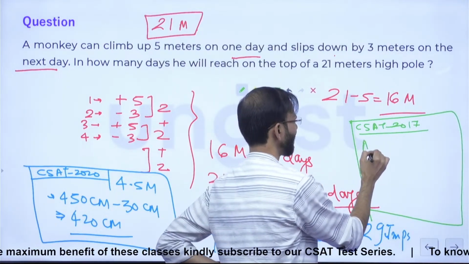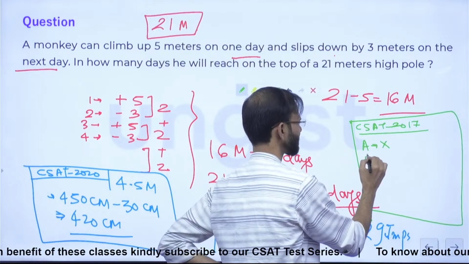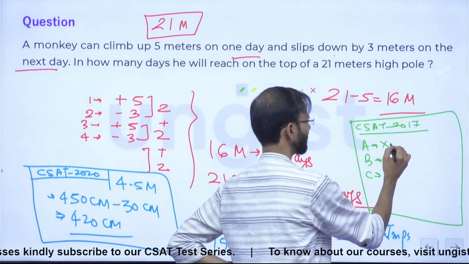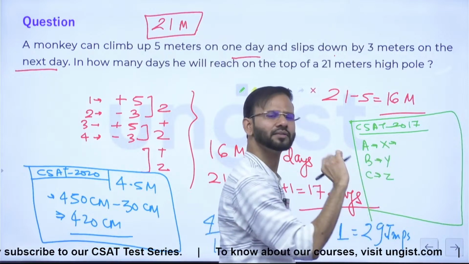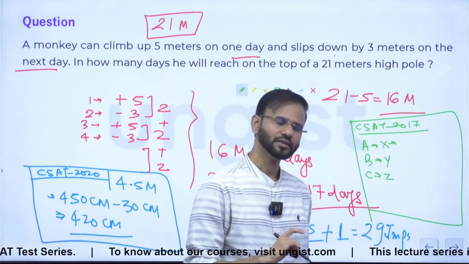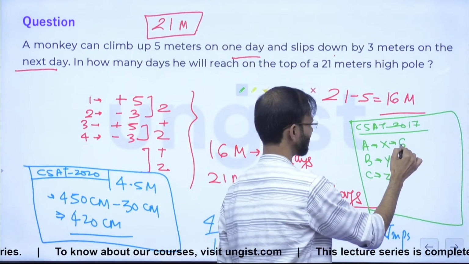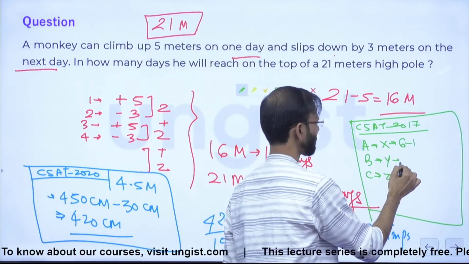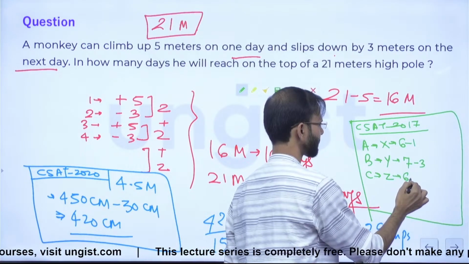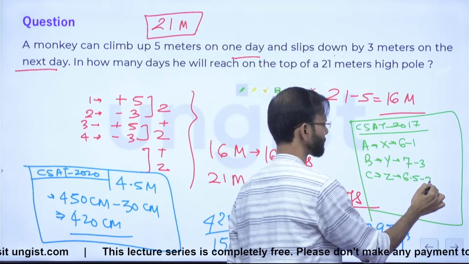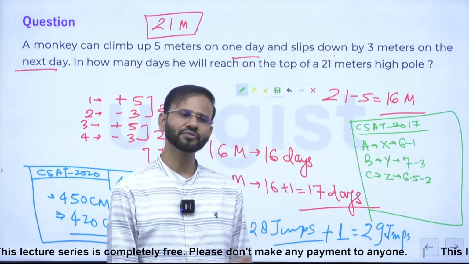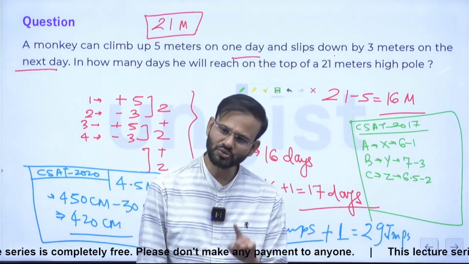A is climbing on X, B is climbing on Y, C is climbing on Z. What about A is given? बोलिए जरा, information क्या है? 6 and 1, 6 and minus 1. ठीक है. What about B? 7 minus 3. What about C? 6.5 minus 2. Alright. See everyone, the question is saying each of them requires 40 chances to reach the top.